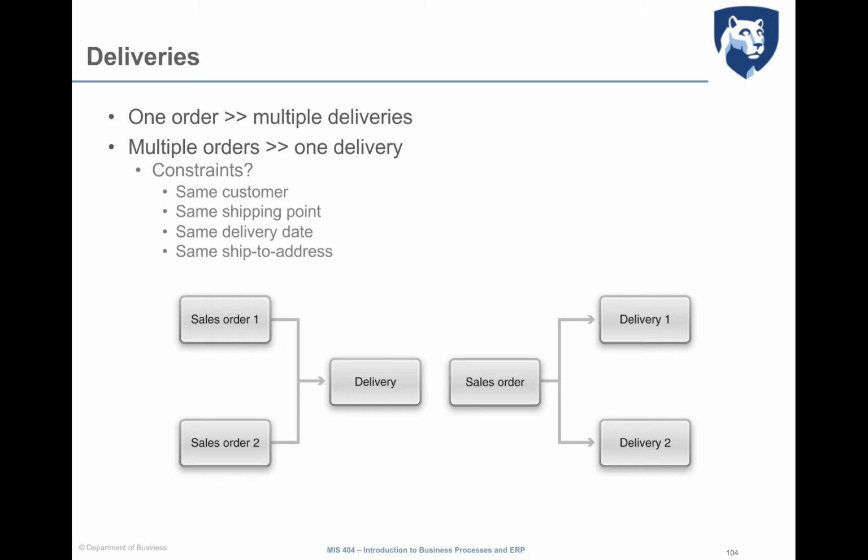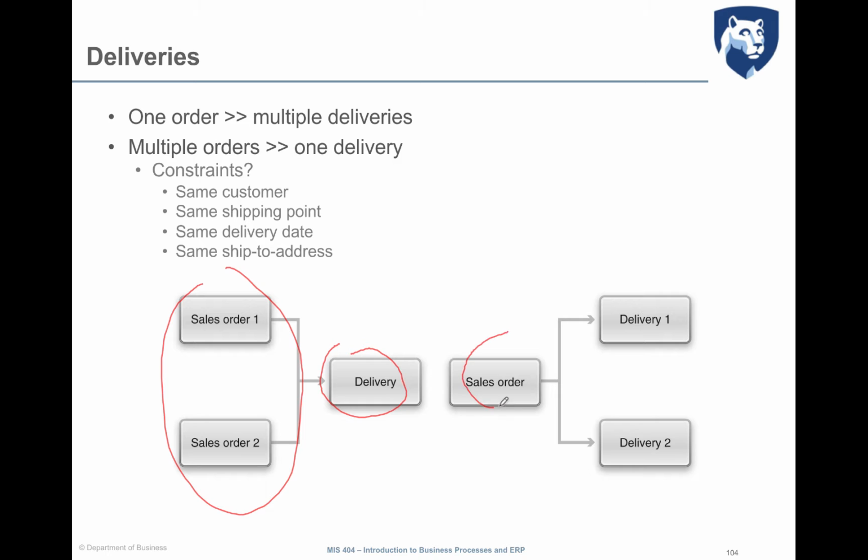Again, the delivery document authorizes the organization of delivery, and it is created after the sales order. And of course, according to the characteristics of the sales order, you can organize the deliveries in different ways. So you can, for example, bundle the requests of different sales orders in one delivery, if, for example, the sales orders have the same ship-to address, shipping point, and due date.